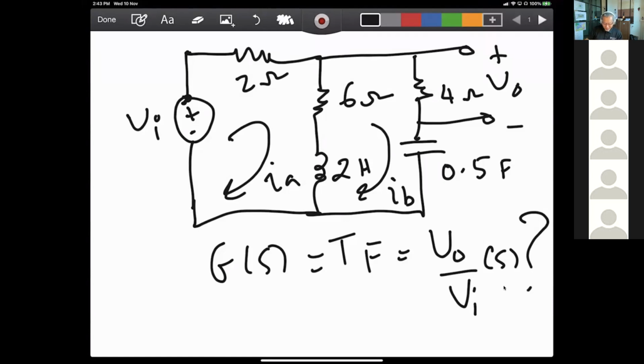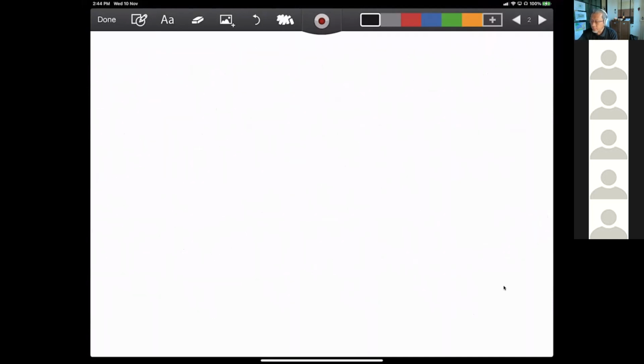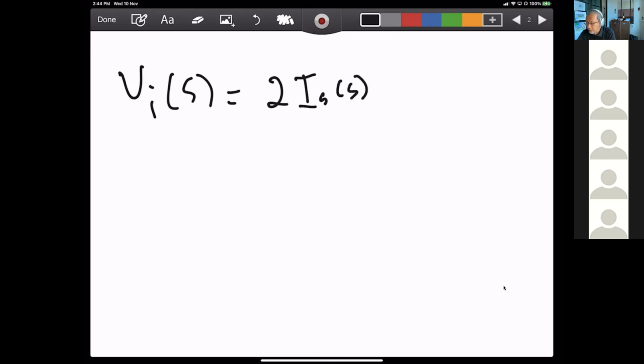IA times R2 ohm plus Vi over S equals IA times 2 ohm, plus 6 times (IA minus IB), plus capacitance 1/s IA, plus inductance Ls, times IA minus IB.